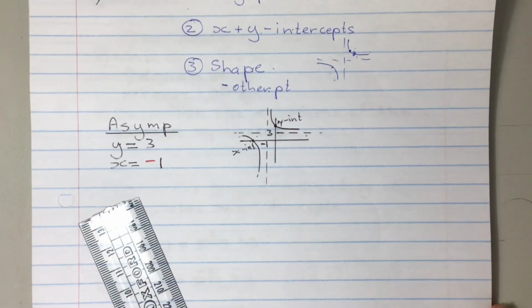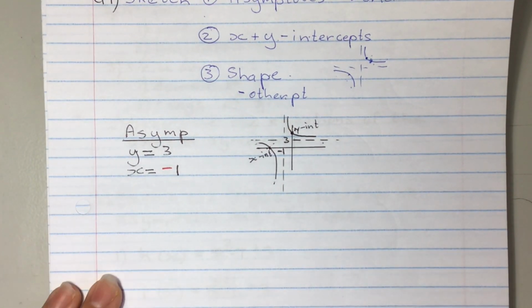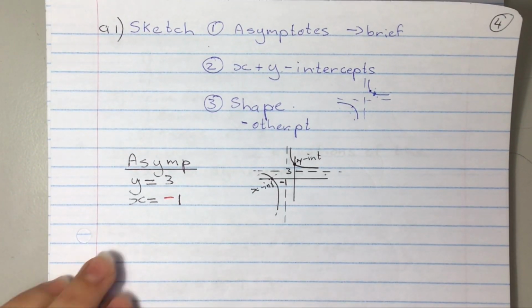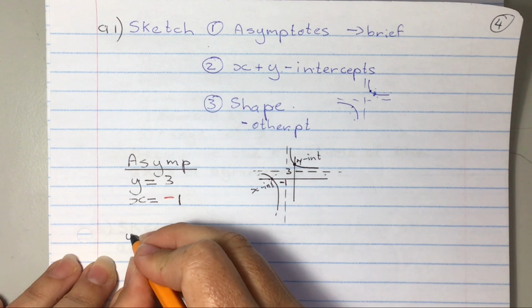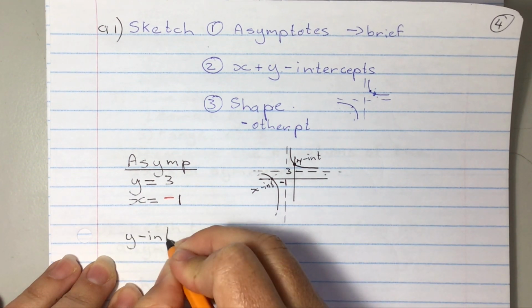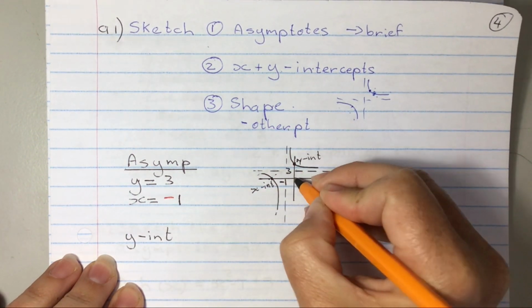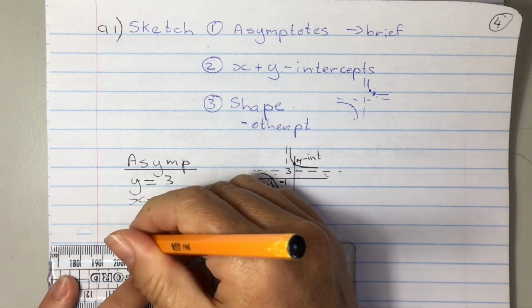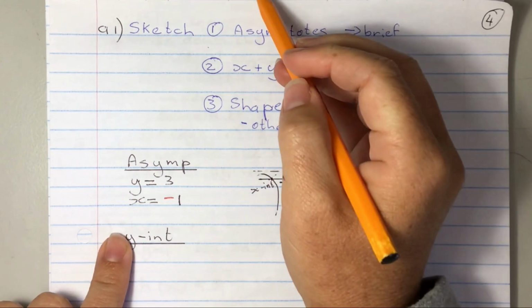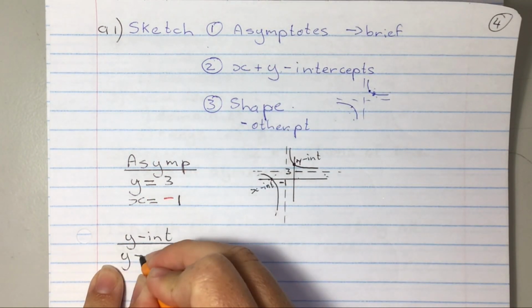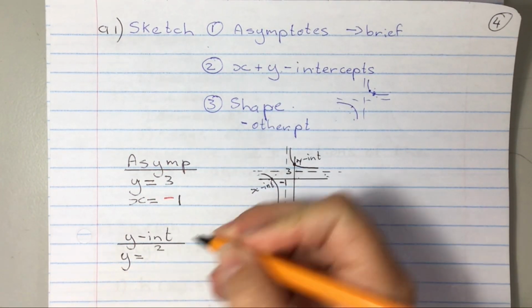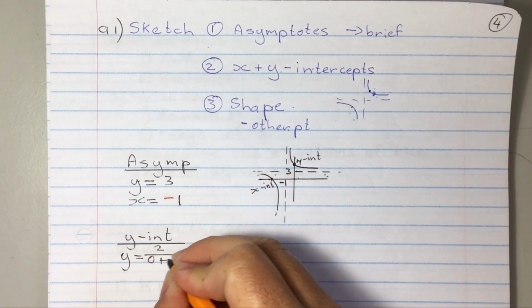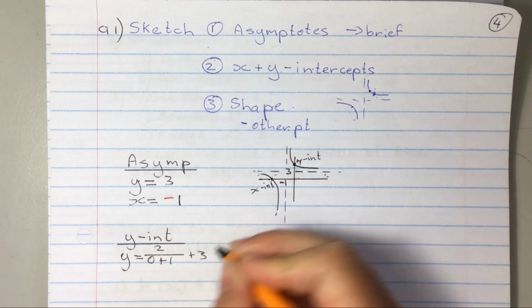So let's go to our intercepts, and let's keep the equation here with us. For my y-intercept, remember when you're on the y-axis, your x value is 0. So we're going to substitute in 0 for x. So y is equal to 2 over, instead of x I put 0, plus 1, plus 3.